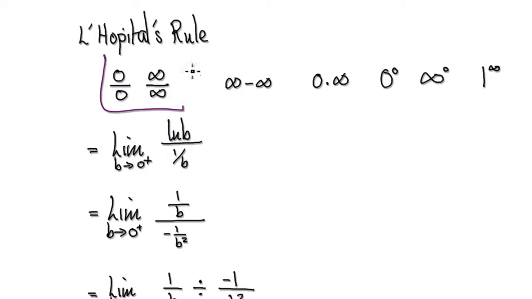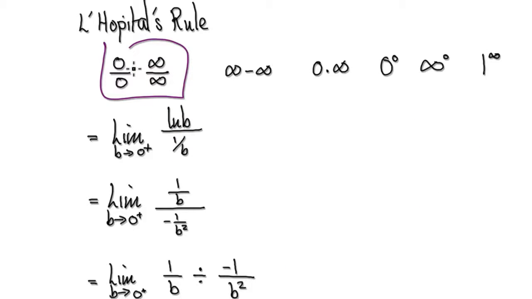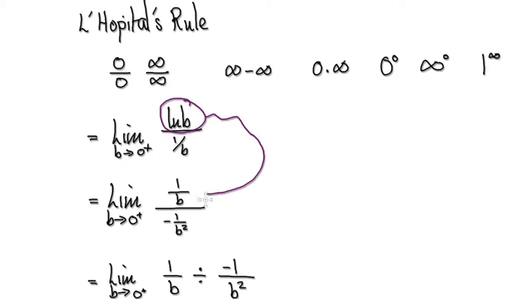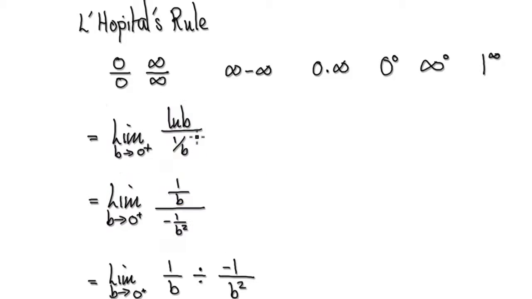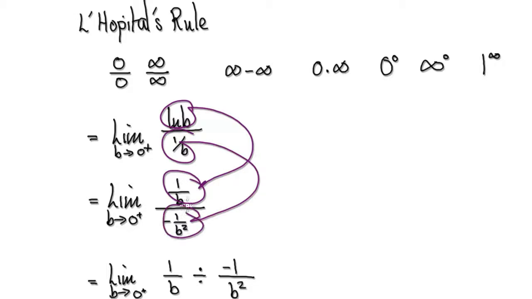Remember, L'Hopital's rule says that if you differentiate the top and differentiate the bottom, the limit of the new fraction will be the same as the limit of the original. So applying L'Hopital's rule, differentiate the top, differentiate the bottom.